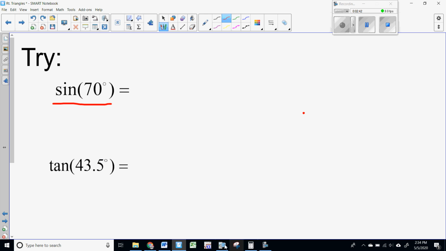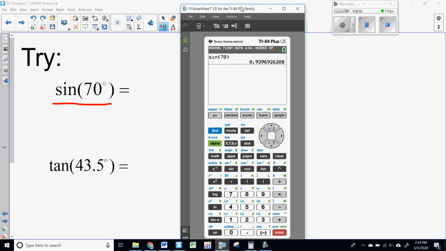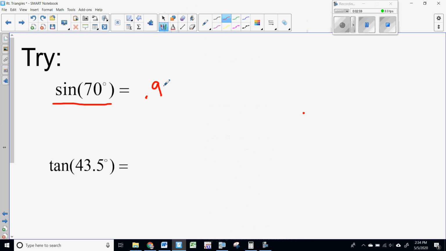If I want to find sine of 70 on the TI calculators, I just type in the sine of 70, and I get my answer, 0.9397. Let's write that. 0.9397.